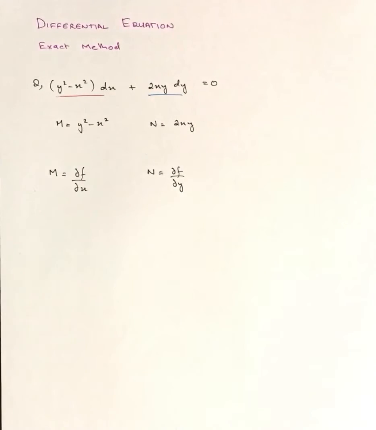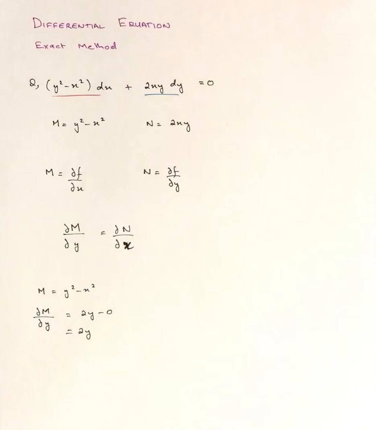Now to continue solving the equation with the exact method, we first need to check if the equation satisfies the formula that says the partial differential of M with respect to y is equal to the partial differential of N with respect to x. So we will partially differentiate M and N with y and x.